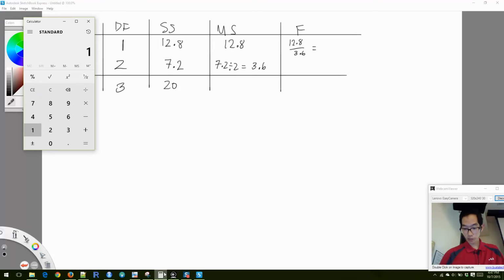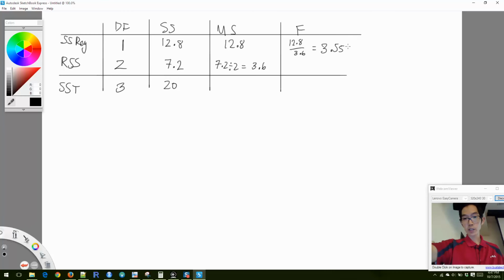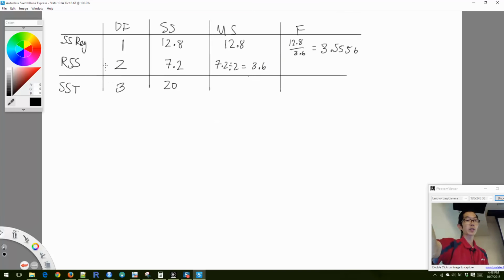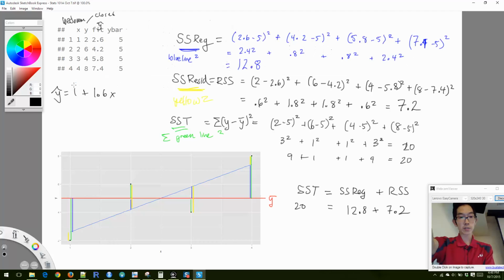12.8 divided by 3.6, and we get 3.555..., so I'll just round off to 3.56. There. Okay, so this is our ANOVA table, and we see how it splits our total sum of squares, which is the difference between each value and y bar, into 2 parts, a blue part and a yellow part.